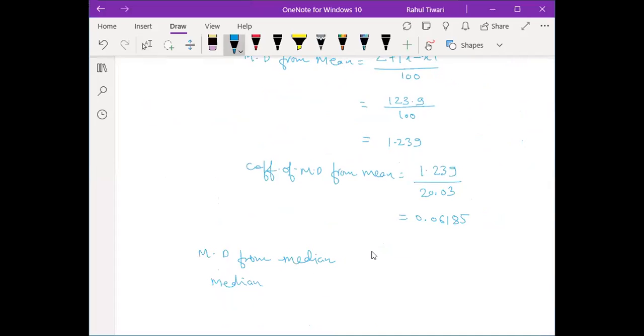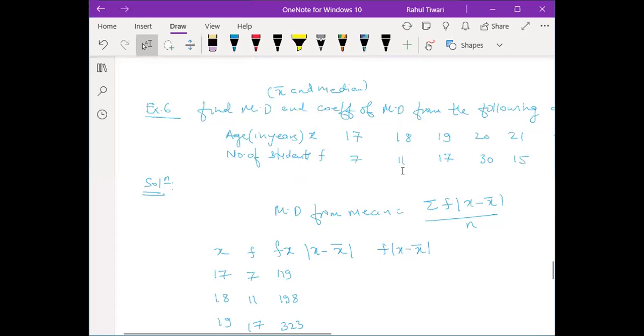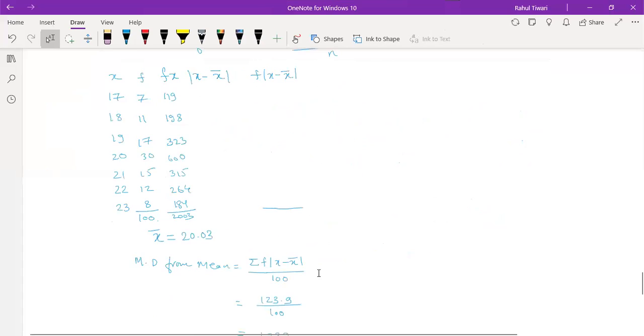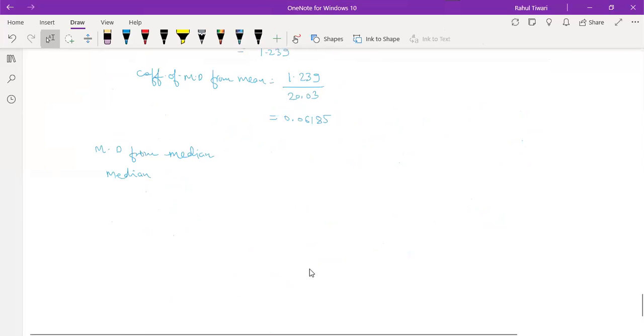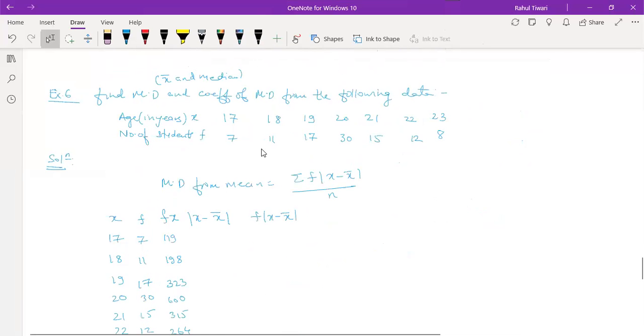Remember, in the case of raw data, you remember how to calculate the median in the case of ungrouped data. You need to find out CF for this, and then l plus (n by 2 minus CF) divided by f into h. So if you just calculate n by 2, which is 100 by 2, which is 50. So 50 will be lying in which value? So if you just go and add up these values, how much is this?